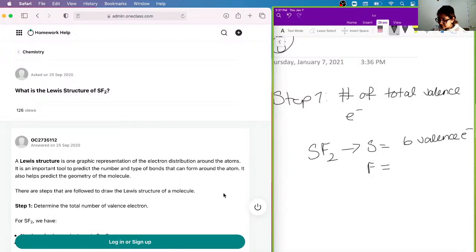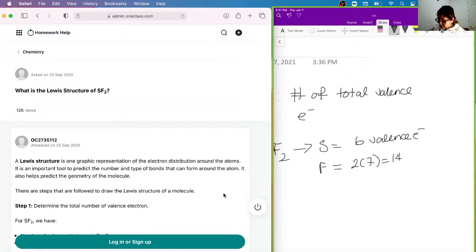One fluorine atom has 7 valence electrons, and since we have 2, we times this by 2, and we would have 14 valence electrons.